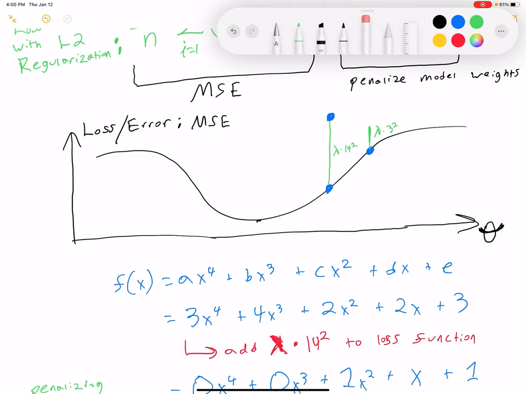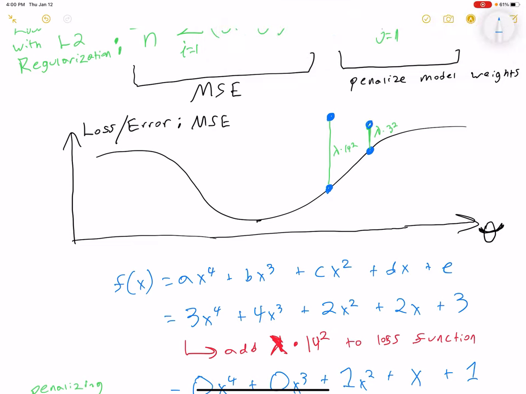And so when we add that to the loss, it only brings us up here. Therefore, we're favoring the second case because after we penalize having high model weights, we end up at a lower total loss than we would if we had just looked at the mean squared error without adding extra terms for having too many model weights.